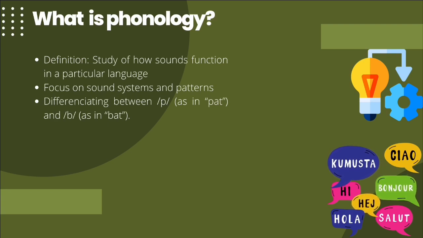In phonology, we deal with concepts like phonemes, which are the smallest units of sound that can change the meaning of a word. For example, in English, p and b are phonemes because they differentiate words like pat and bat, pit and bit, and so on.